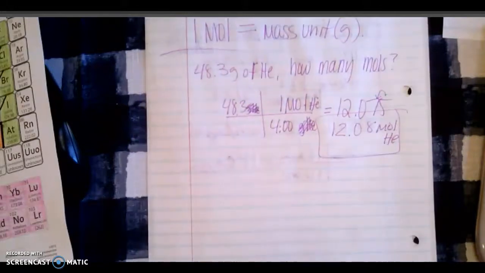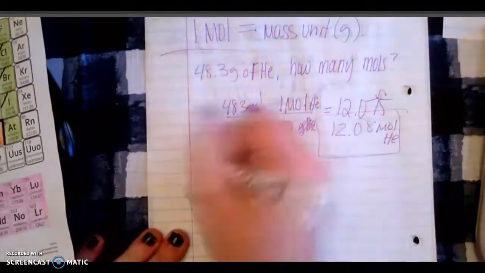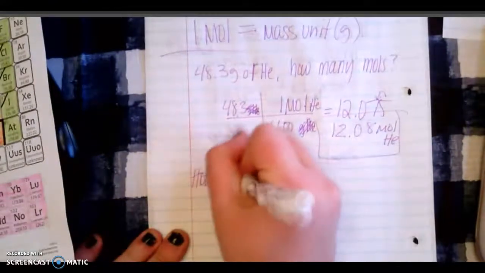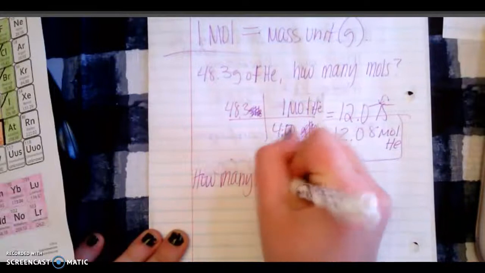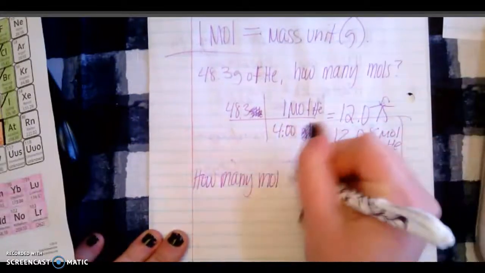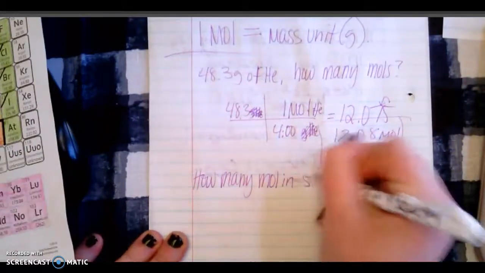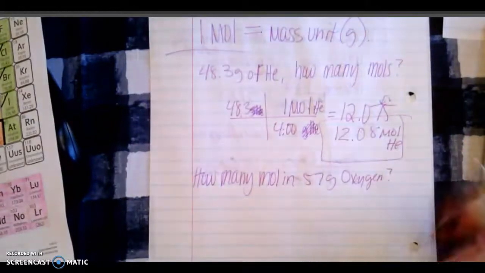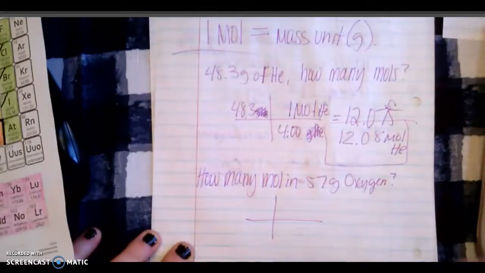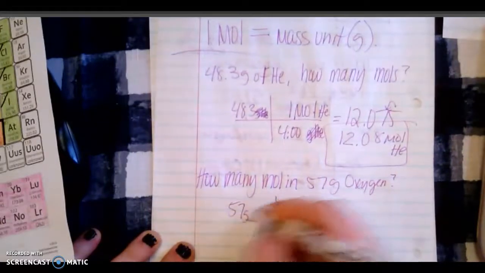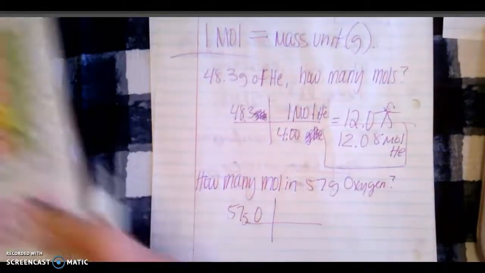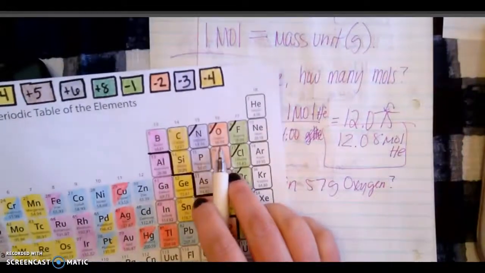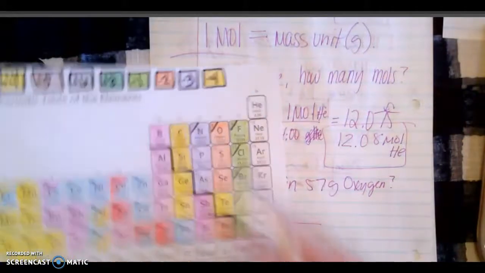Let's do another one. How many moles are in 57 grams of oxygen? I'm going to draw my T-chart. I know that I have 57 grams of oxygen. If I look at my periodic table, I know that 1 mole of oxygen is 16 grams.